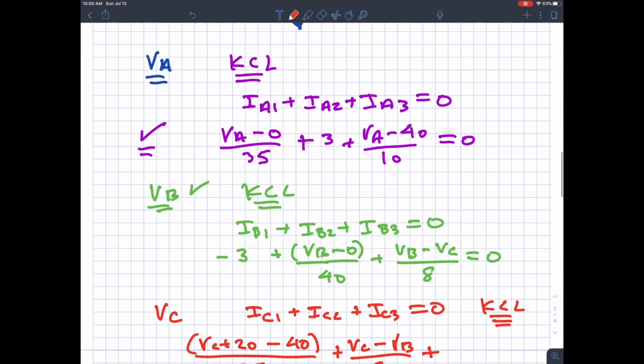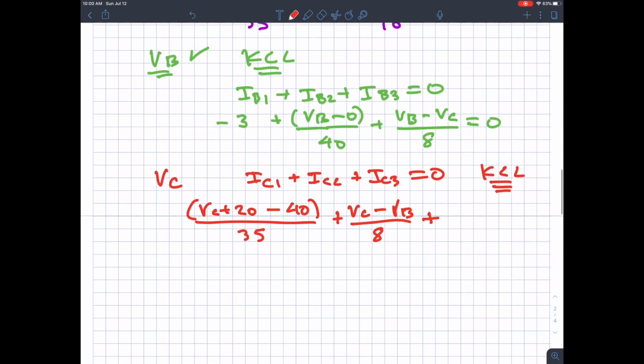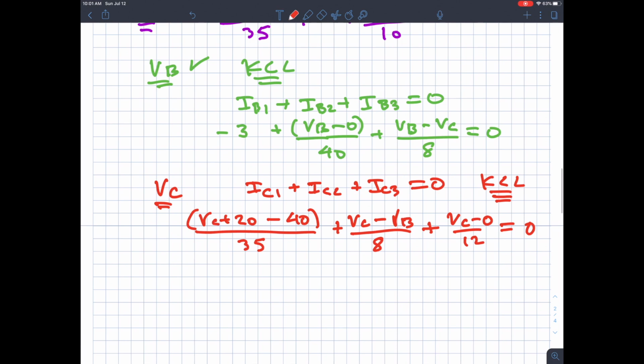Okay, and finally IC3. I'm looking at the dots. This dot is VC, this dot is still 0, so VC minus 0 over 12. Okay, so there's the KCL equation at node VC.